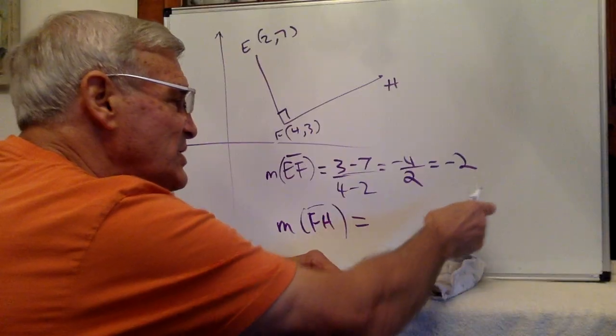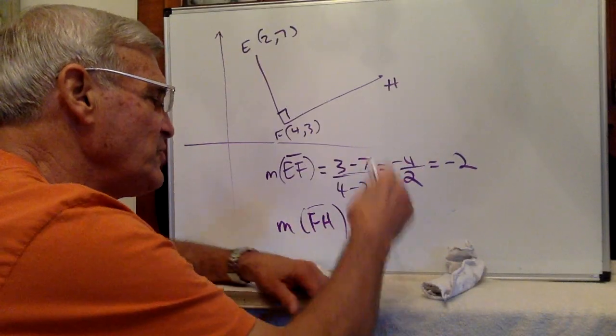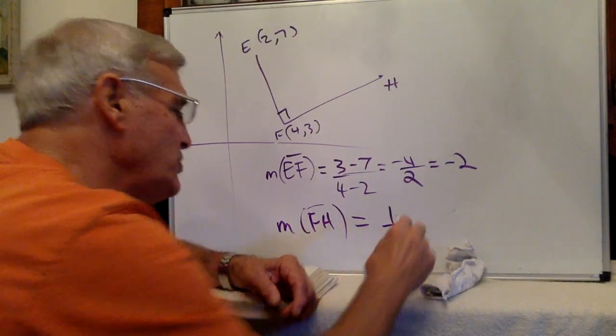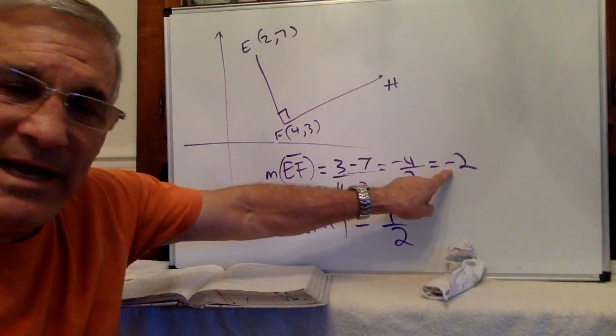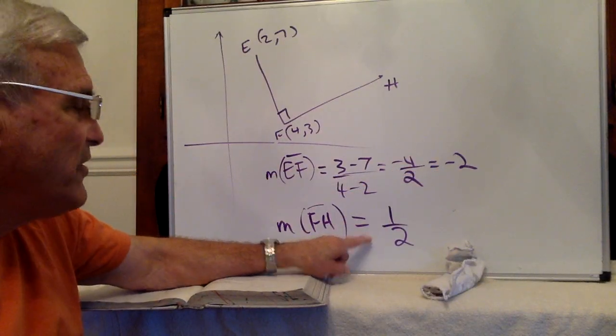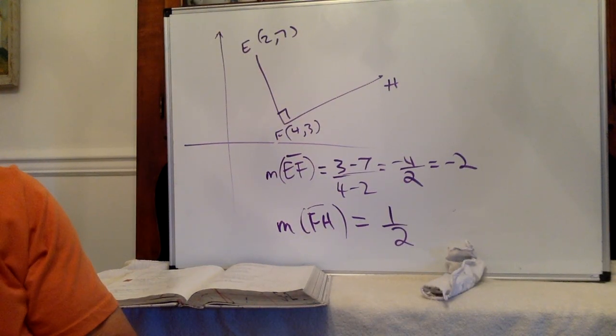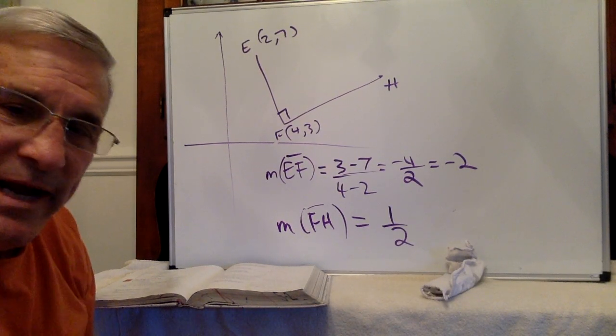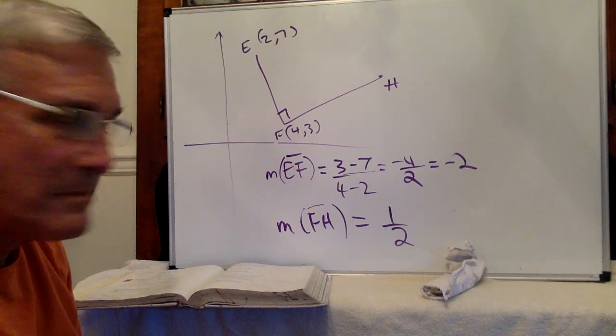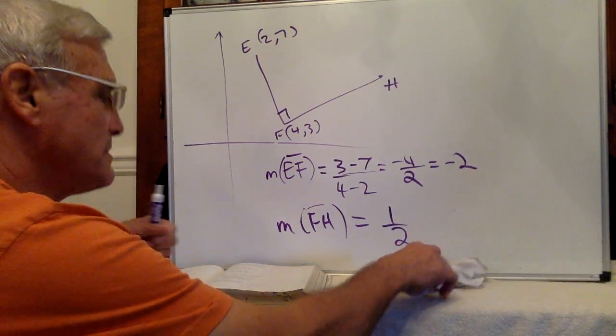Negative 2 is the same as negative 2 over 1. If you turn that over, you get 1 over 2, and you have to negate it. A negative of a negative is a positive. Therefore, the slope of FH is positive 1/2. Positive 1/2. Okay?